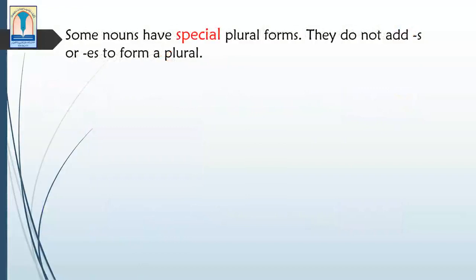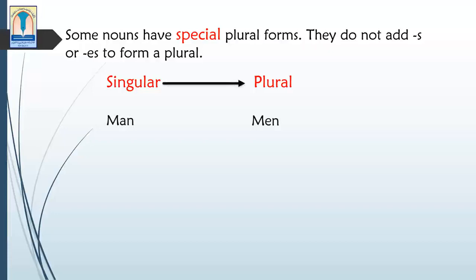Moving to another rule, some nouns have special plural forms. They do not add S or ES to form a plural. Can you guess? Let's see. If we want to change a special noun from singular to plural, as man, men, change a letter. Woman, women.